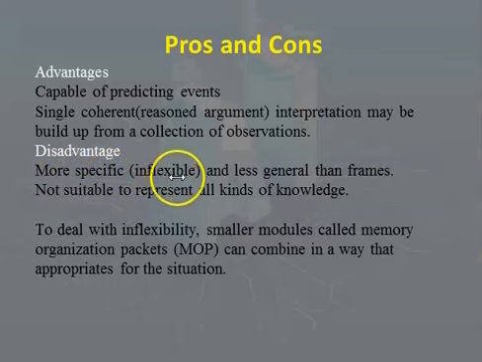It is rigid. If it is general, we can modify that into different formats. If it is specific, our liberty to modify that is limited. So that is a disadvantage. It is inflexible in that sense, and not suitable to represent all kinds of knowledge. We cannot represent everything as a sequence of events, so those things cannot be represented using scripts.